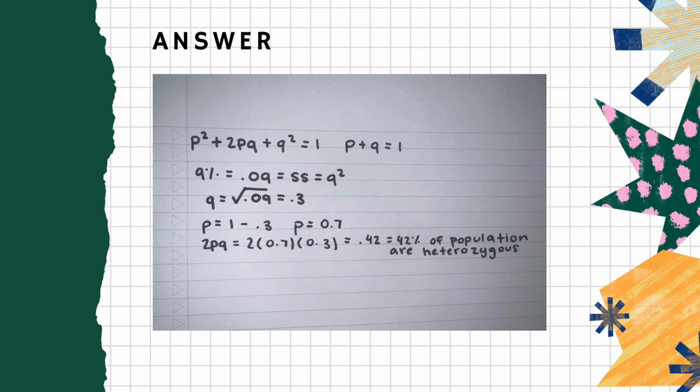Then 2pq: plug all those numbers in, and we get 2 times 0.7 times 0.3, which equals 0.42. So 42% of the population are heterozygous for the sickle cell gene and therefore are resistant to malaria.